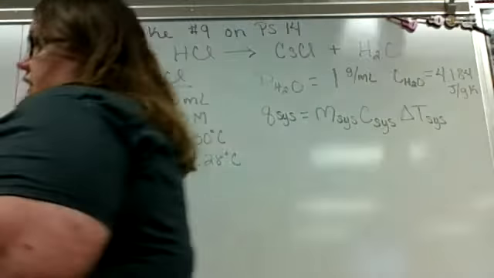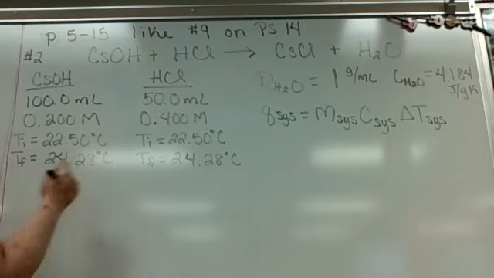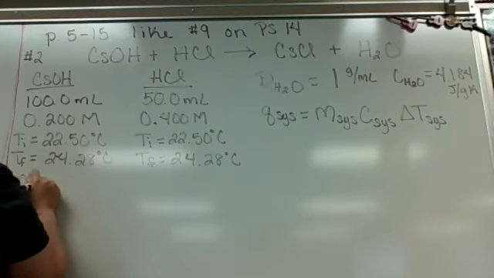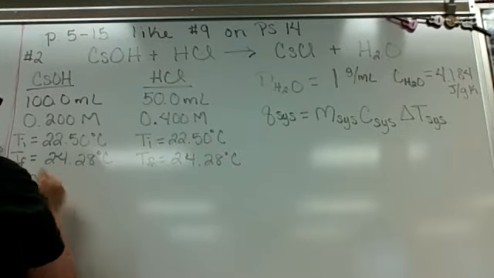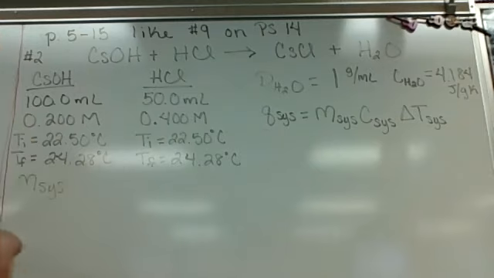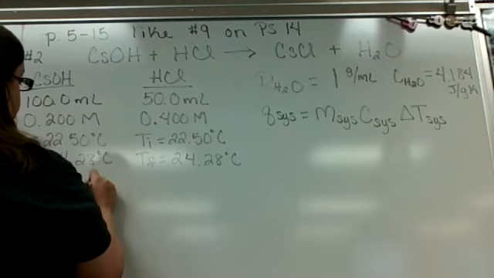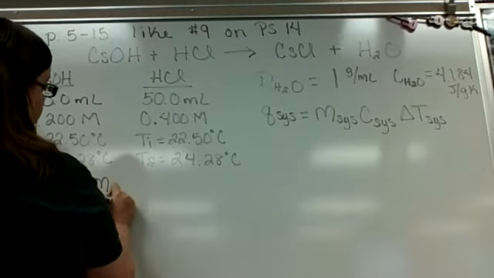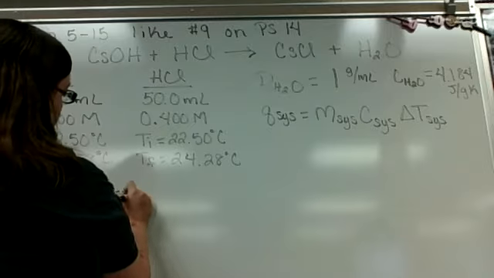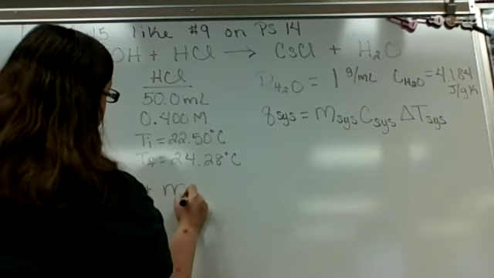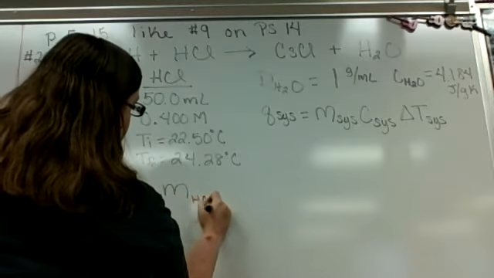Now we need a mass of the system. The system is the reaction itself, the two solutions. So the mass of the system is going to be the mass of the CsOH plus the mass of the HCl.